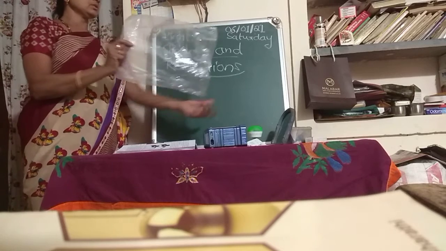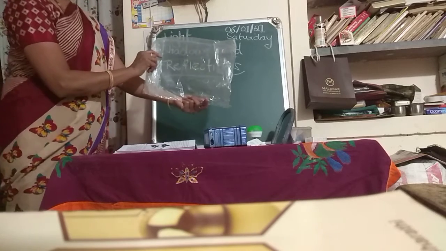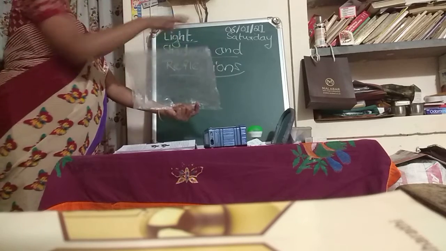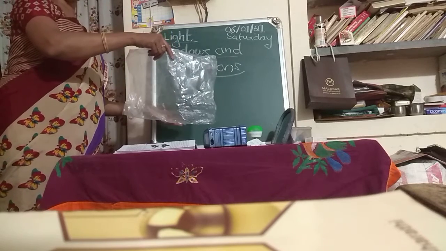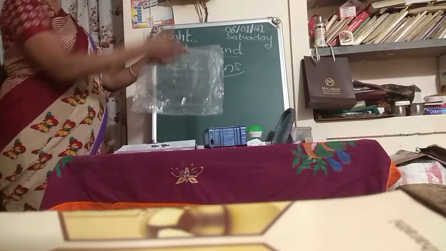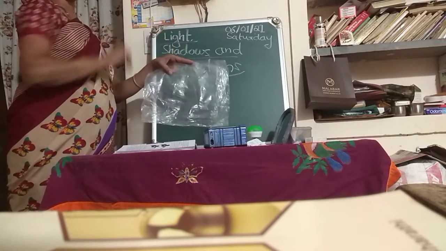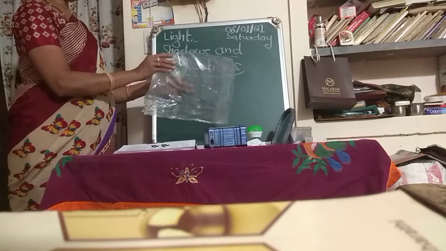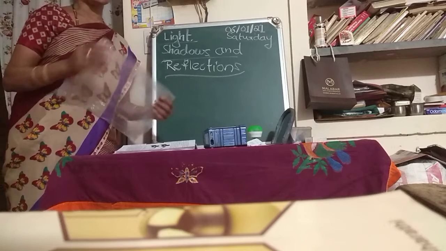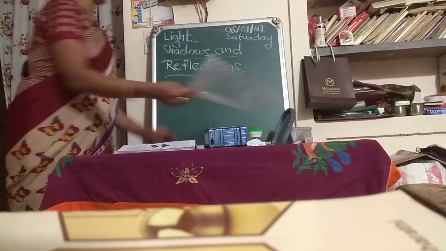We can see through this to the objects on the other side. How? Because light can pass through this to the other side. Such objects are transparent objects.